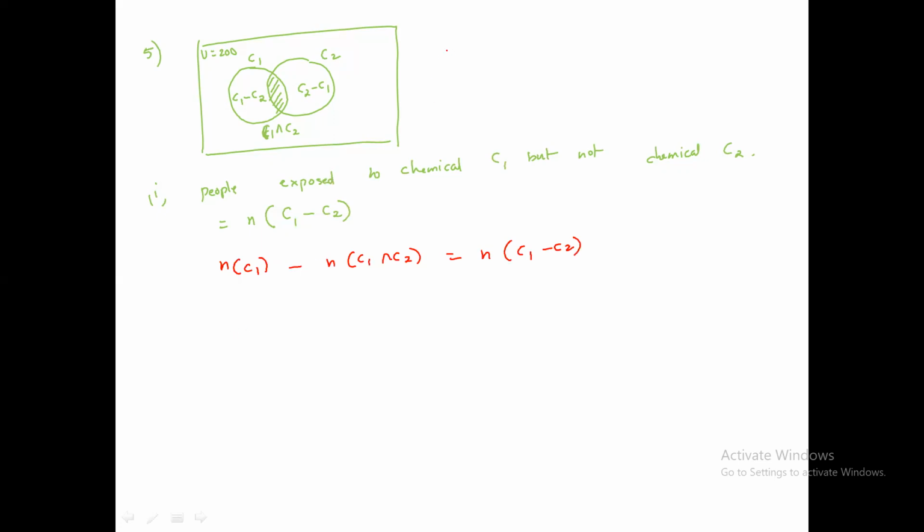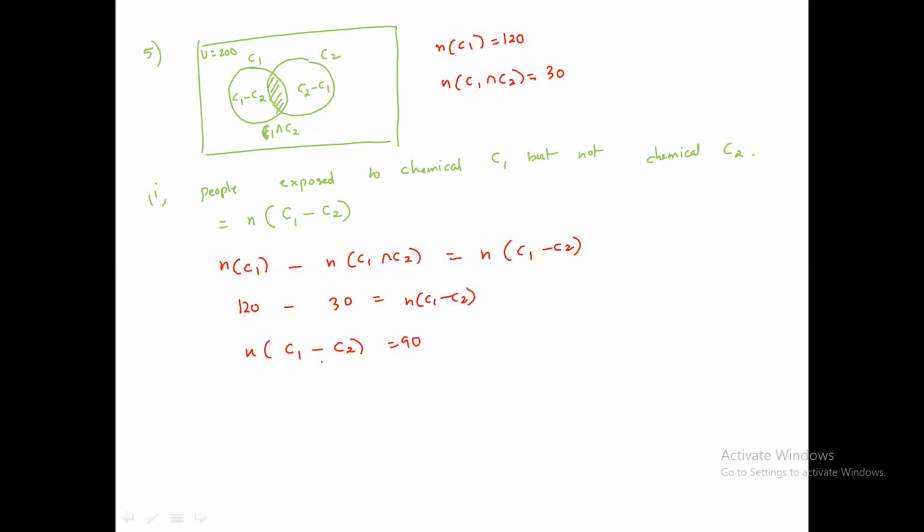So n of C1, how many are exposed to chemical C1? 120. So I will write 120. How many are exposed to chemical C1 as well as C2? In the question, both the chemicals, 30. So I will write 30. If I subtract, I will get the number of people infected by C1 but not by C2. That is 90.